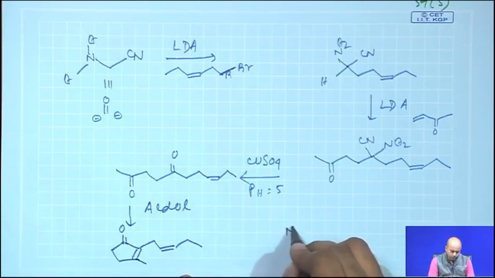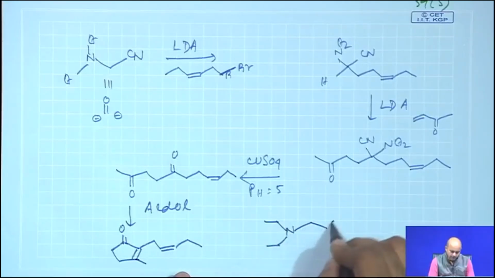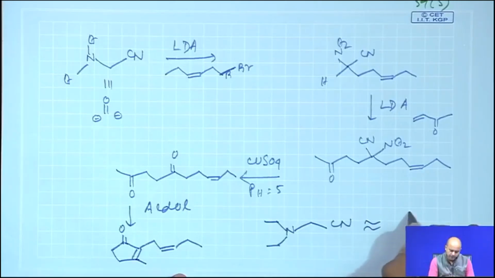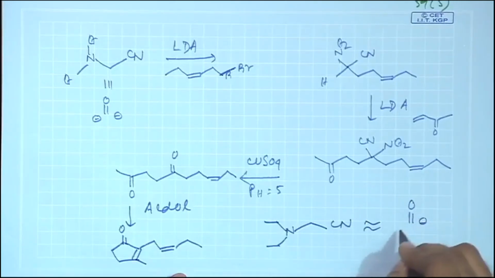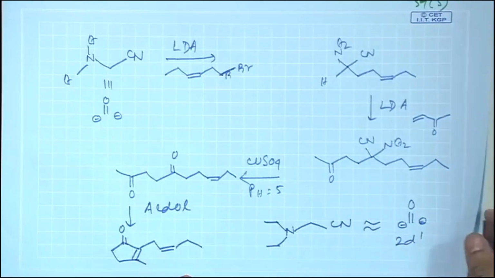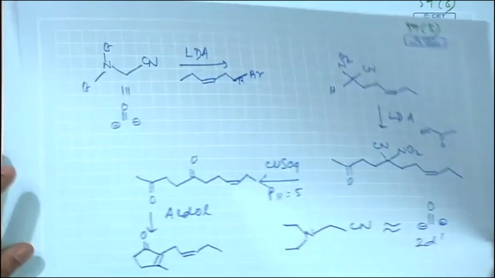So, what do we now formulate in this entire synthesis? If you have a diethylamino nitrile, it can be visualized as a 2D1 species. This is a very unique reaction for this synthesis.